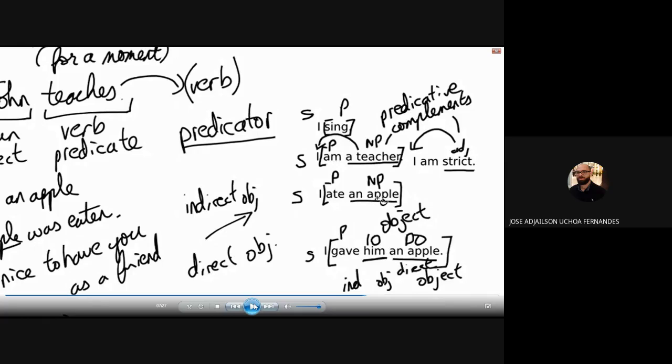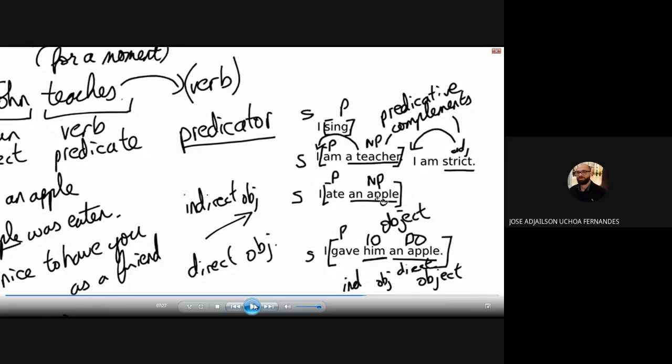And if you go to English grammar, you will see that we have two different kinds of pronouns, objective and subjective pronouns. I is a subjective pronoun because it works as the subject. Him is an objective pronoun. Her, them, they are all objective pronouns because their main function is as an object.